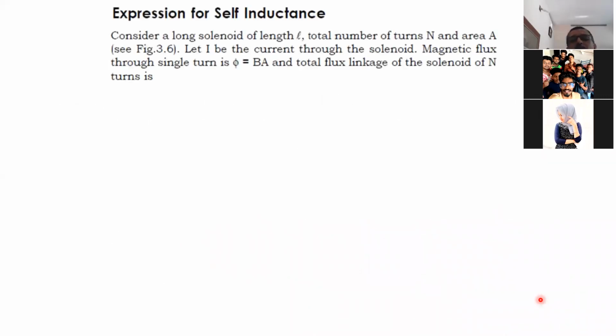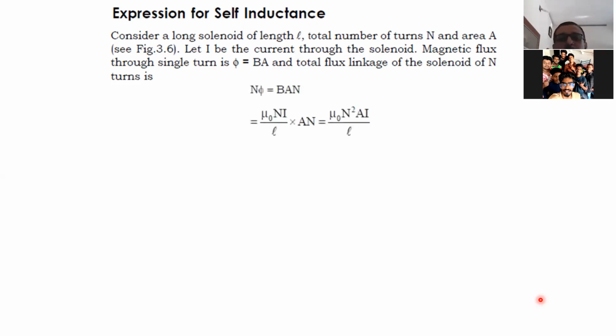Consider a long solenoid of length l, total number of turns N, area A, and let I be the current. Then we know that the magnetic flux through a single turn is B into A, and the flux linkage through the solenoid of N turns is BAN. And what is B? You know that B is equal to mu 0 into H for an air core.